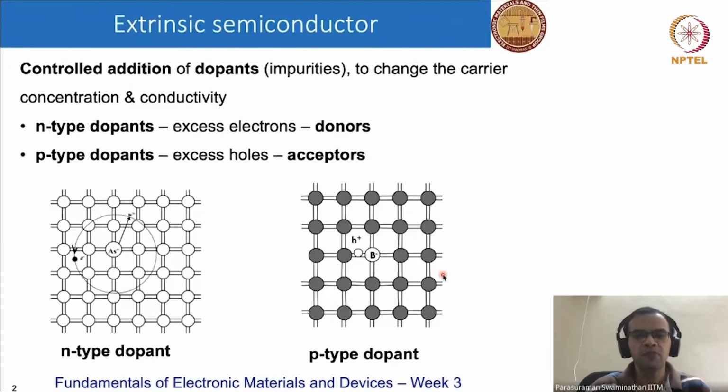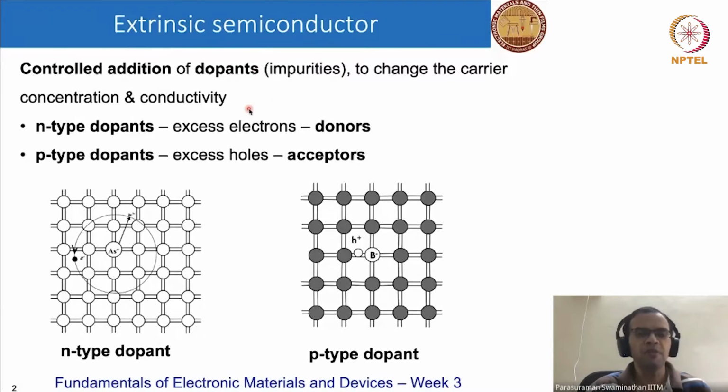In week 3, we will focus on extrinsic semiconductors, which is the form in which most semiconductors are used widely. An extrinsic semiconductor is one where we have a controlled addition of dopants. You can also call them impurities, and these dopants change the carrier concentration and consequently the electrical conductivity of the semiconductor.